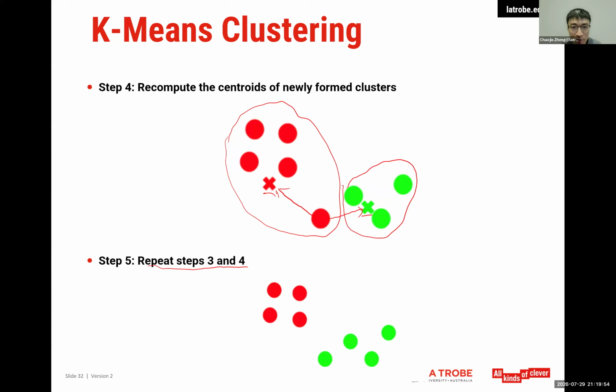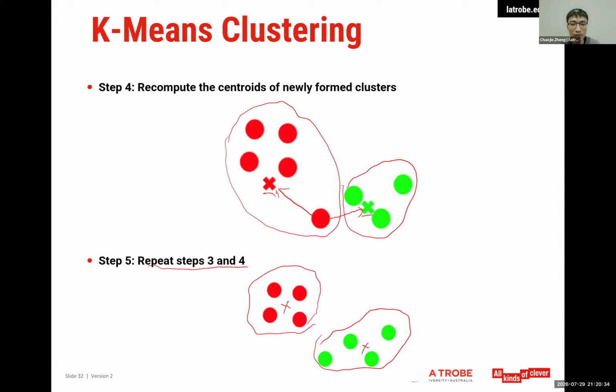Now this time the red point is closer to the green centroid, so in this iteration it should belong to the green cluster. We are doing this reassignment for all the data points based on the newly updated cluster centroids. Now these clusters have been updated, because we have reassigned their membership, and it's time to calculate the new centroid again.